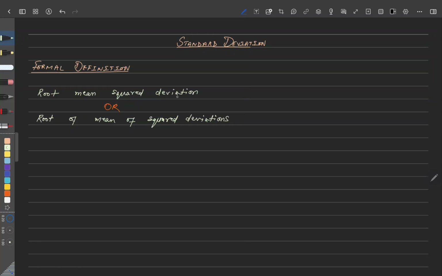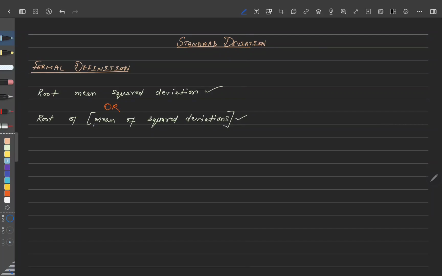If you remember the definition of variance, it was mean of squared deviations. So for standard deviation, what we are simply doing is root of variance.